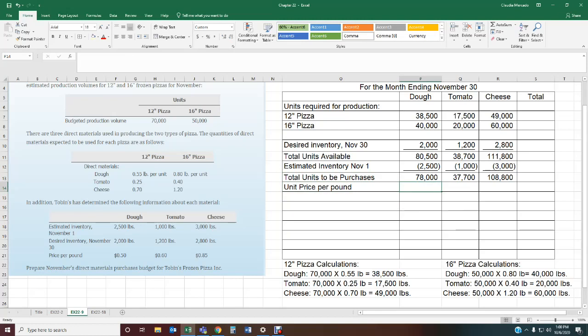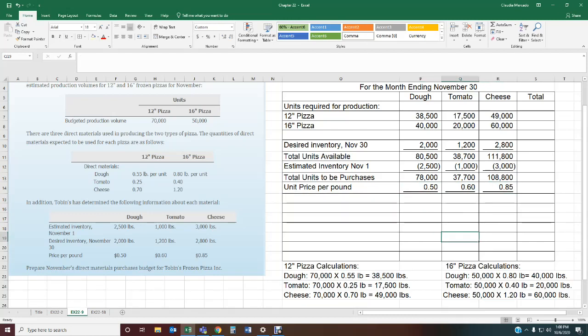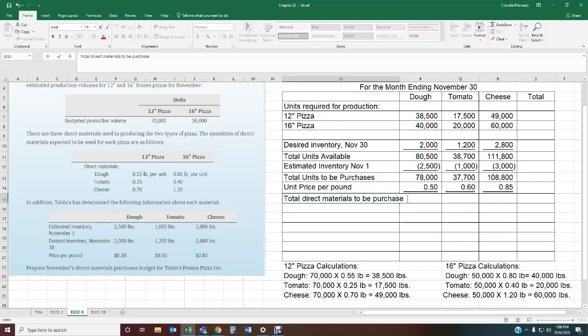The unit price per pound for the dough was 0.50, it was 0.60 for the tomato and 0.85 for the cheese. Okay. So that is my unit price per pound. Now that I have that, I can calculate my total direct materials to be purchased.